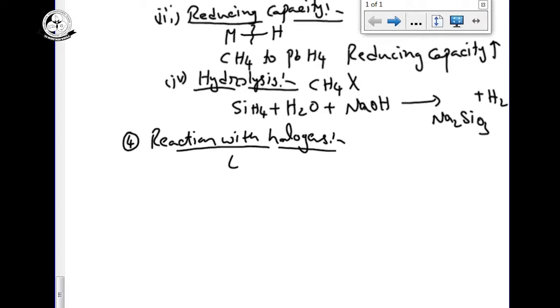Generally this group of elements reacts with halogens to form the corresponding halides. Two types of halides can form, EX2 and EX4, but carbon cannot form the EX2 type of halides.